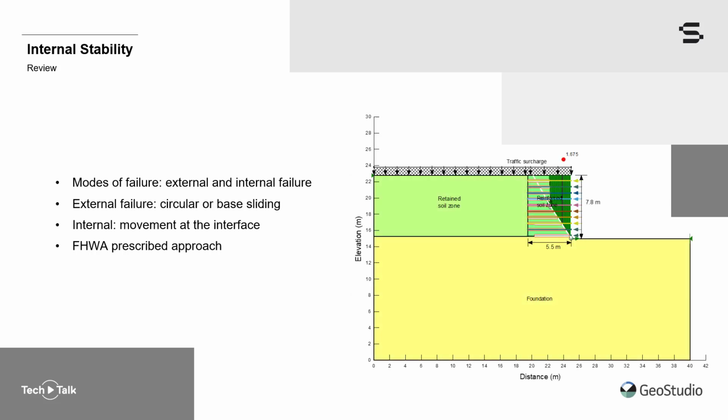Although Slope W analysis could be used to check for a mode of failure that sits within the MSE wall, the analysis will often suffer from convergence problems due to the number of reinforcement point loads applied to the sliding mass. It is therefore recommended that caution be used when analyzing internal stability with Slope W.